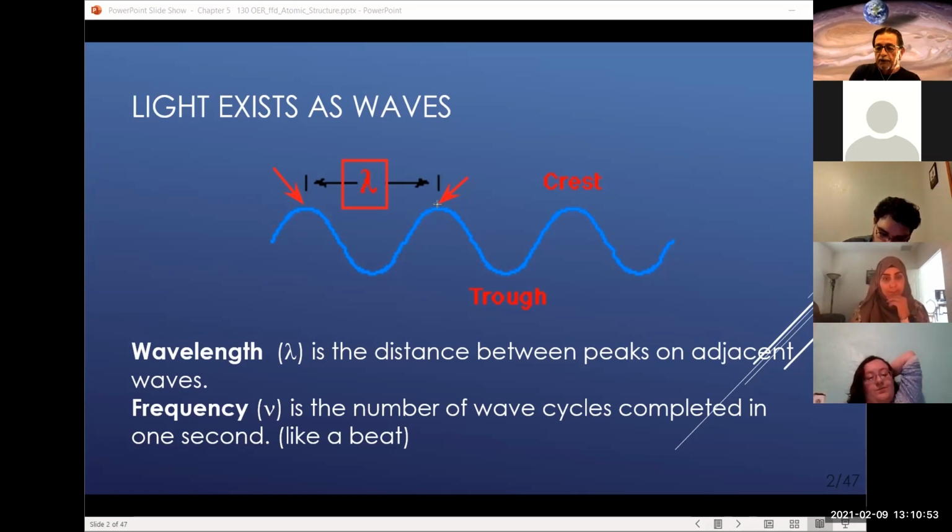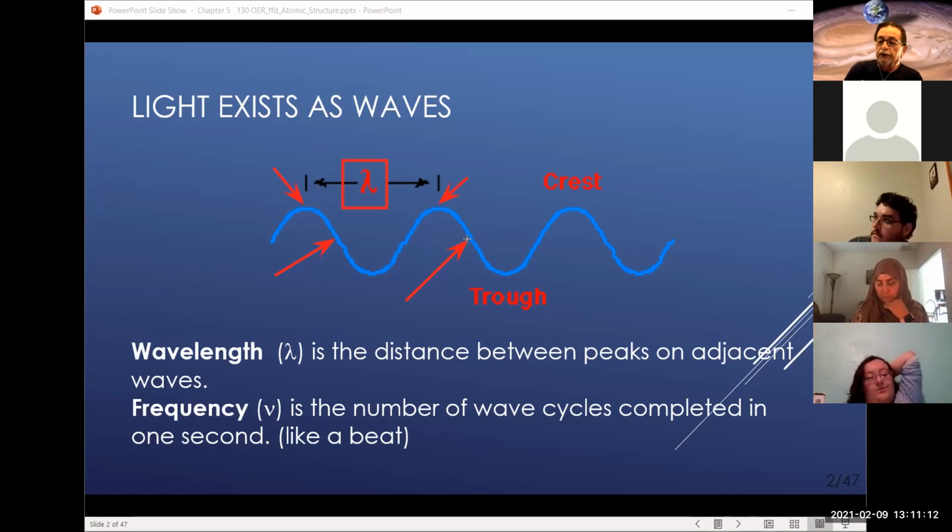It's going to vary depending on the light: long wavelengths or short wavelengths. We could easily pick a spot right here, but we have to pick the same spot on the next wave. That distance is the wavelength.